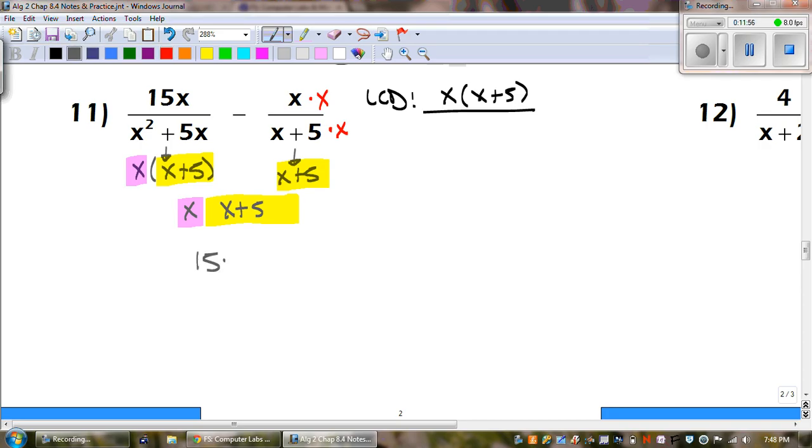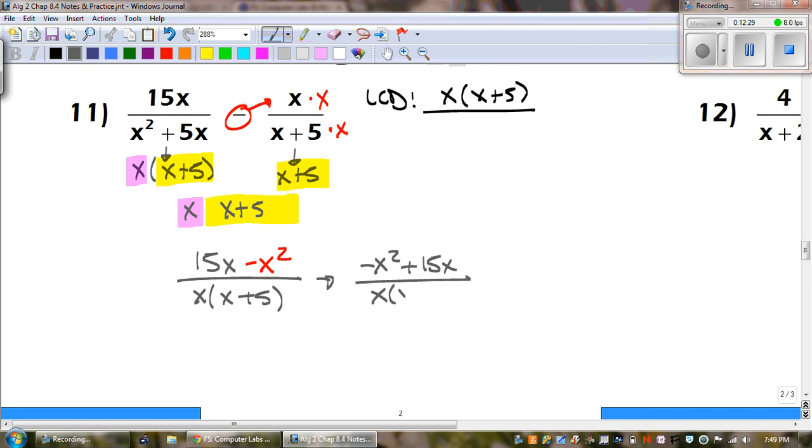So we have 15x minus x squared, and that's all divided by x over x plus 5. Is that first guy in standard form? No. I'm going to rewrite that. So we have negative x squared plus 15x all over x plus 5.